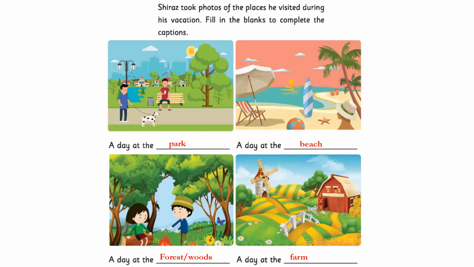Each and every environment has both living and non-living things in it. Today we are going to discuss the living and non-living things which are present in the environment. So let's move on to the next.